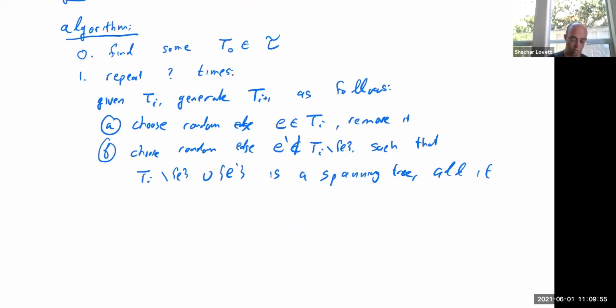Written succinctly, for Ti plus 1, we take Ti, remove a random edge from it, and then add another random edge such that this new graph is also a spanning tree. We just keep repeating this process. Every time we have a spanning tree, and every time there's some randomness in this process. There are two steps where there is randomness: which edge we remove is completely uniform, and which edge we add is uniform among all the edges that we can add to the spanning tree.